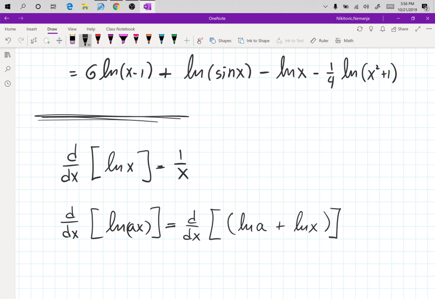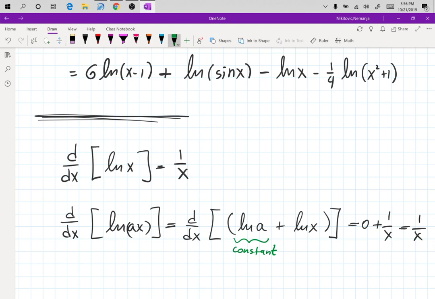And what's a? A is a constant. So what's ln of a? Yes, the derivative of ln of a is 0. 0 plus 1 over x is equal to 1 over x, because this puppy over here is constant. So that's why the derivative of ln of 6x is also 1 over x.